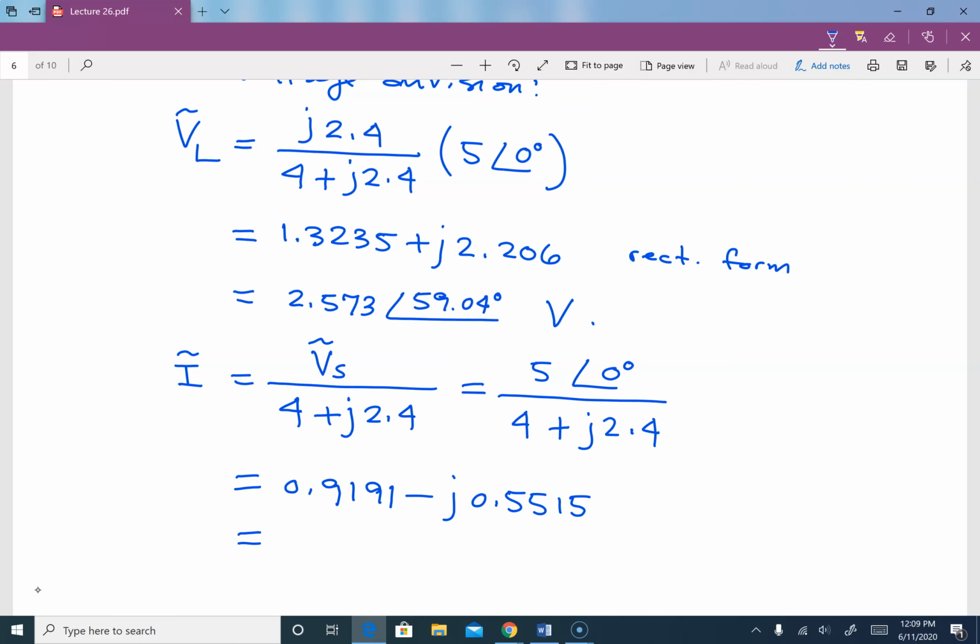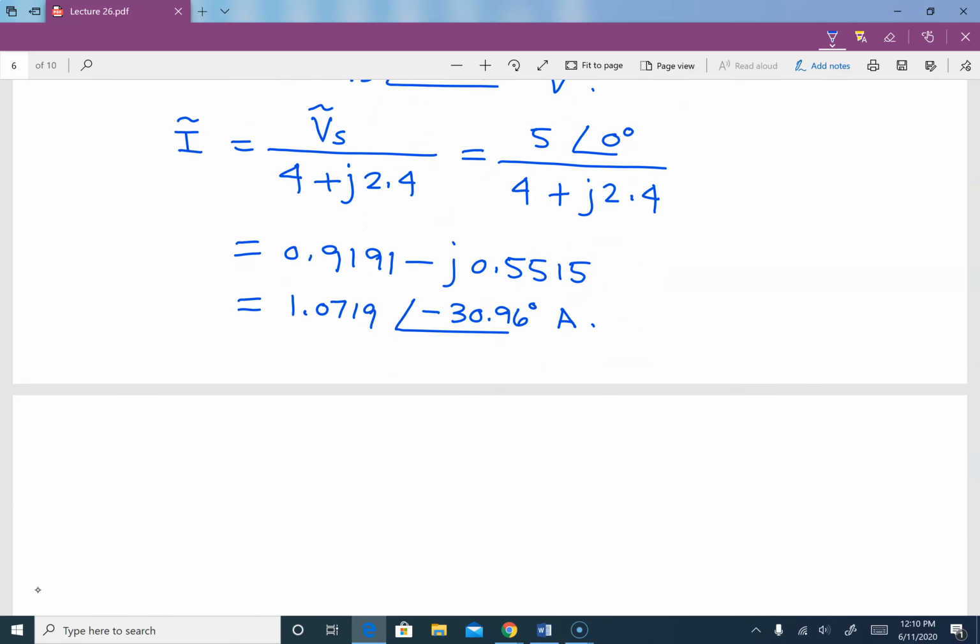We just convert it to polar form, and that will be 1.0719 with an angle of negative 30.96 ampere.